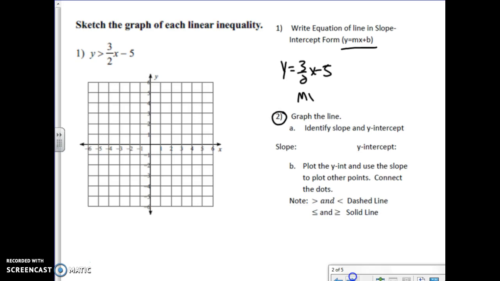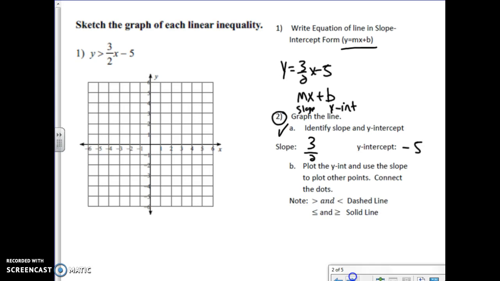So I have y equals mx plus b. So m is your slope, b is your y-intercept. So in this case, my slope is 3/2, and my y-intercept is -5. Okay? So I've done that. Check.